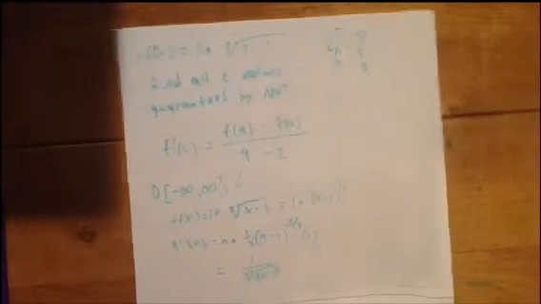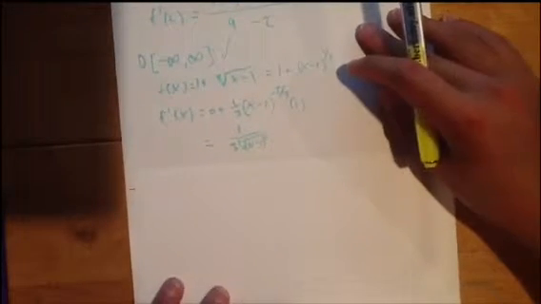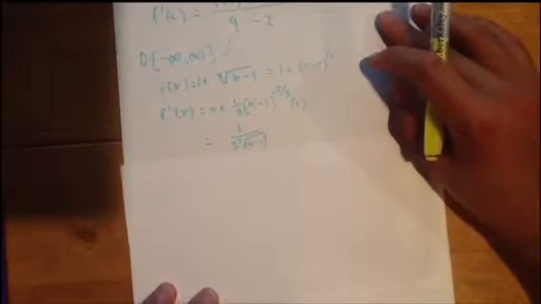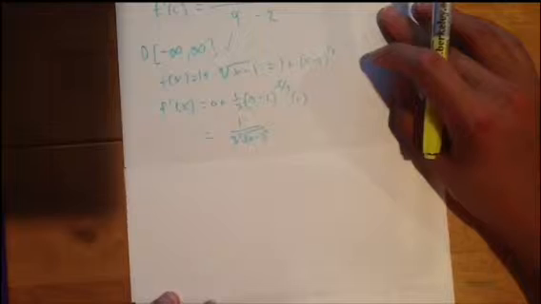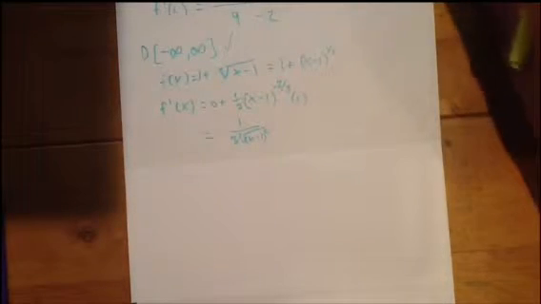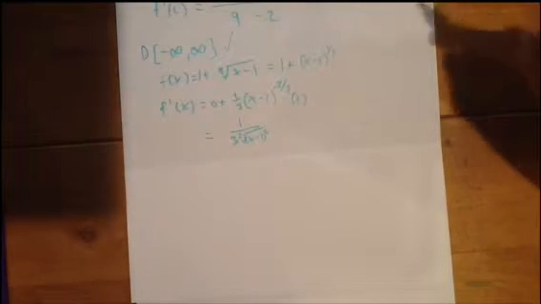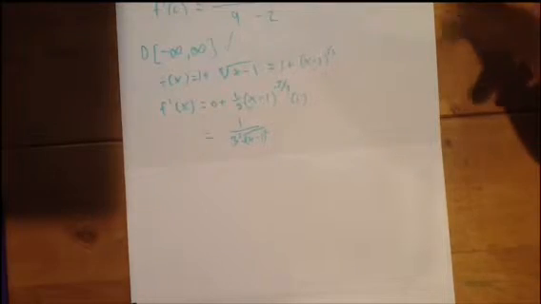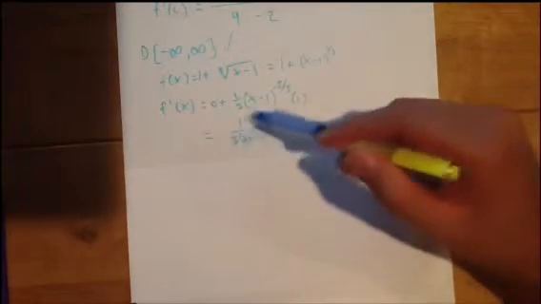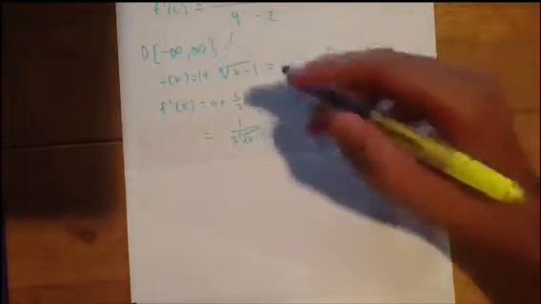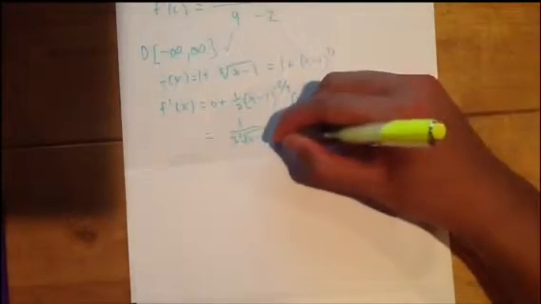So what we need to do is take a look at our derivative here. And the only thing that would make this particular derivative undefined is when the denominator equals 0.